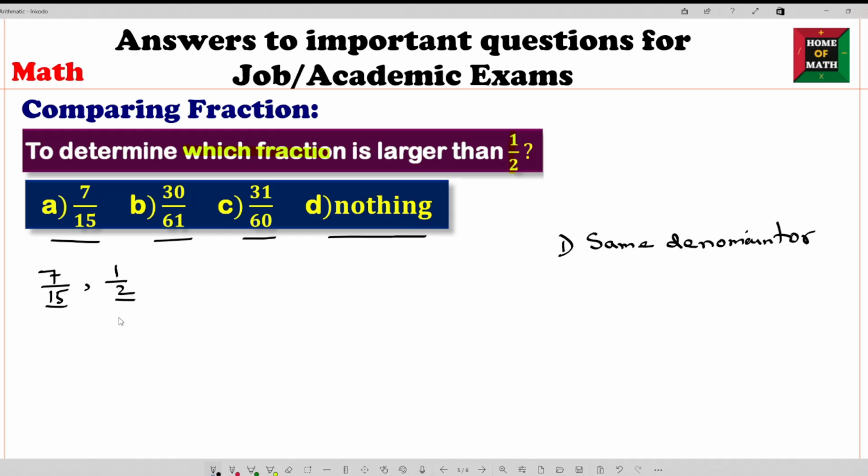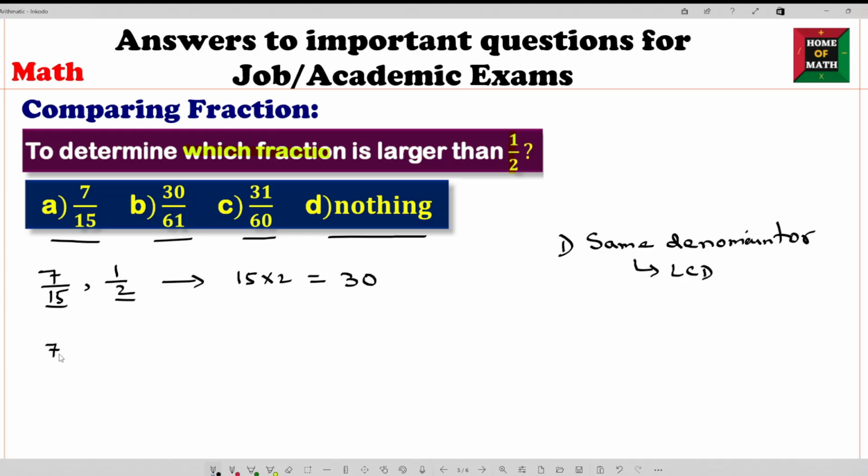For 15 and 2, the common denominator is what? We will make the LCD, the same denominator. So the LCD is 15 times 2, which means 30.